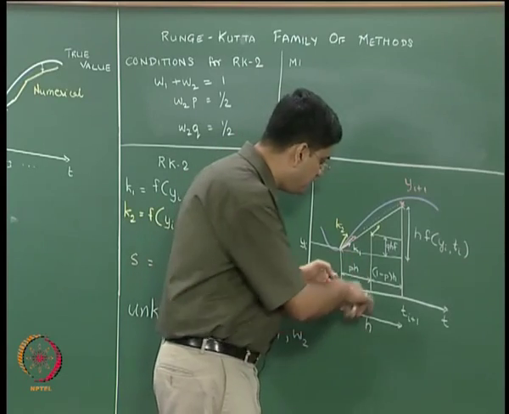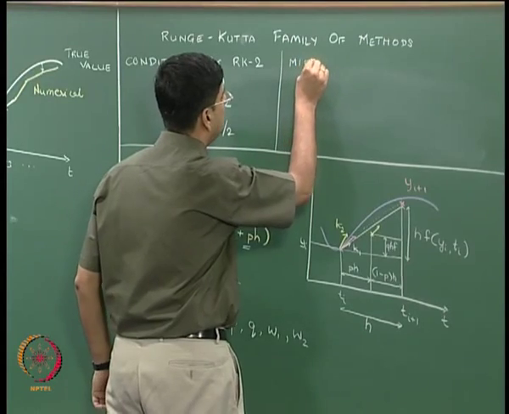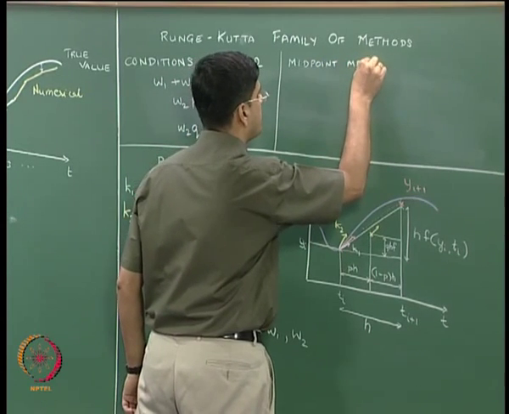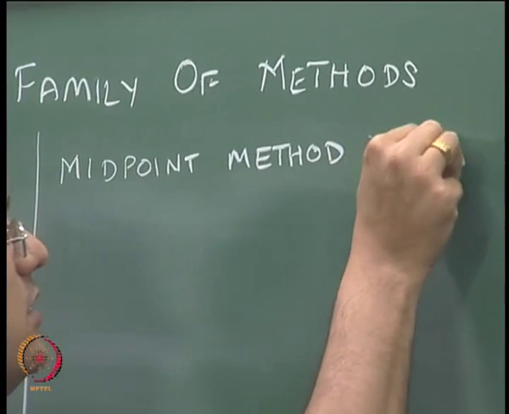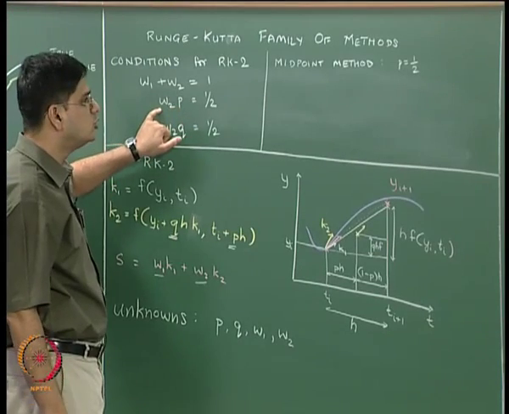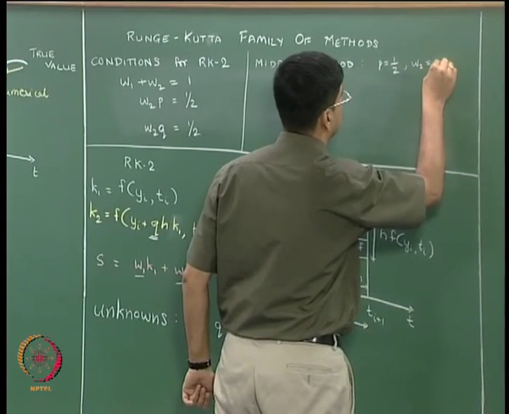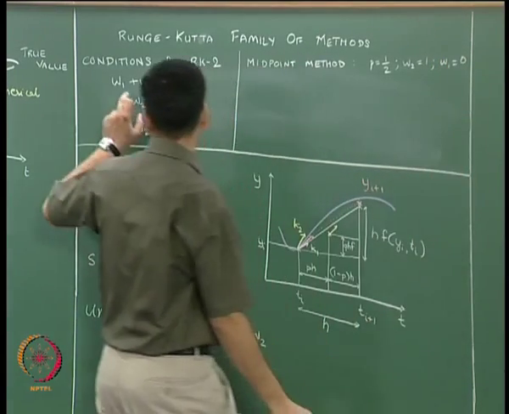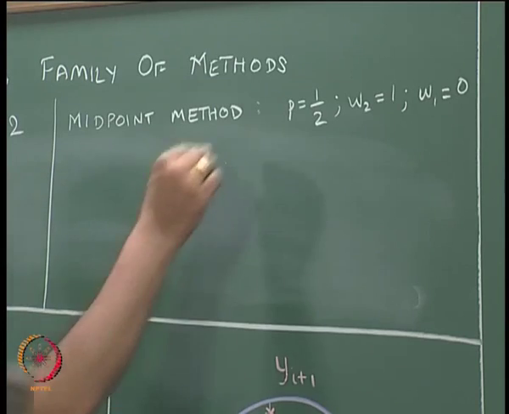What that means is that p is going to be equal to half, 1 minus p is also going to be equal to half. So for the midpoint method, what we chose was p equal to half. When we choose p equal to half, our W2 is going to be equal to 1, okay, and our W1 is going to be equal to 0 from this particular equation, okay, and our q is also going to be equal to half.